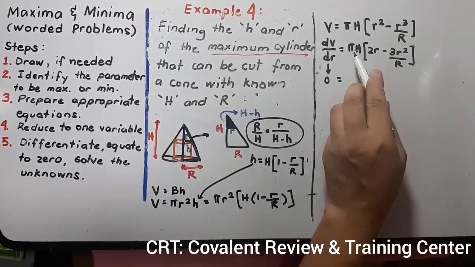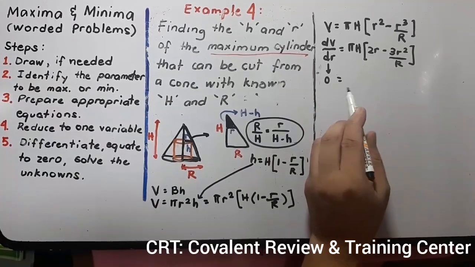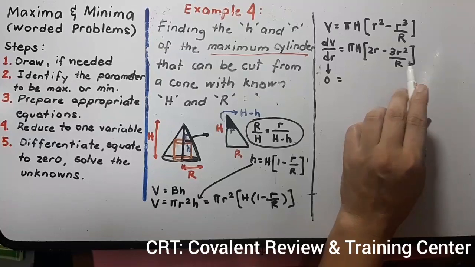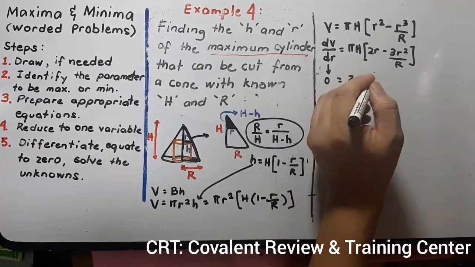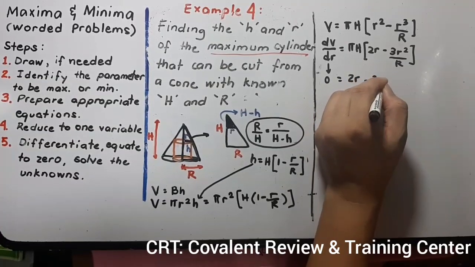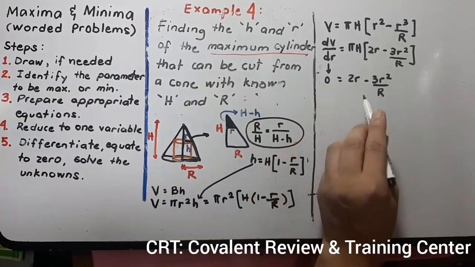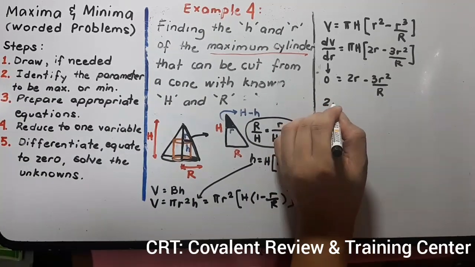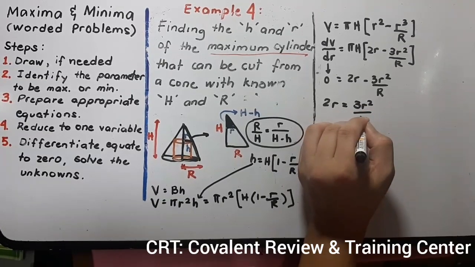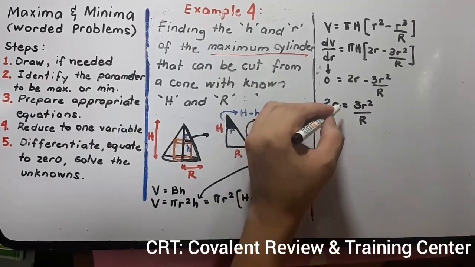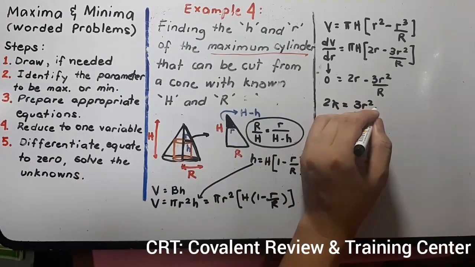We can cross multiply pi and H to the other side, so it will yield 0 also. So the remaining parameters in our solution is this, 2r minus 3r squared over R. Let's continue the solution. We have 2r equals 3r squared over R. So we can cancel 1r in the left side, 1r in the other side.